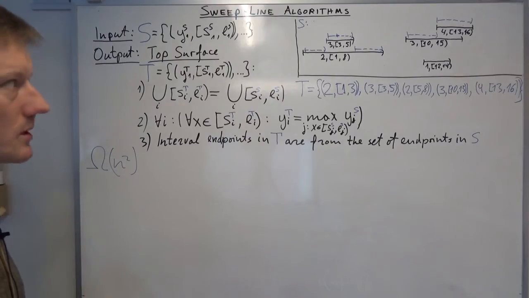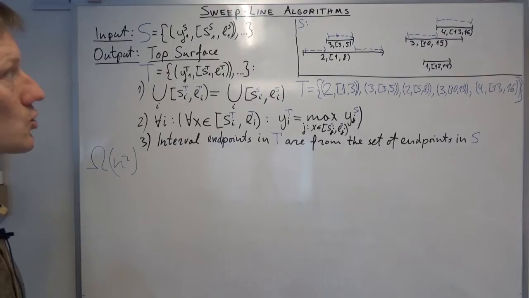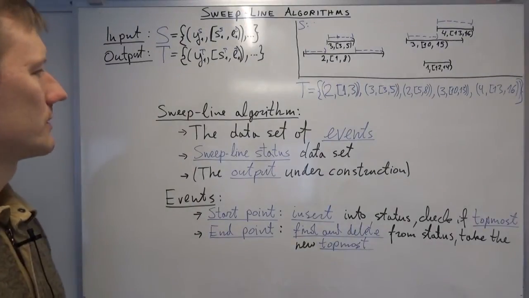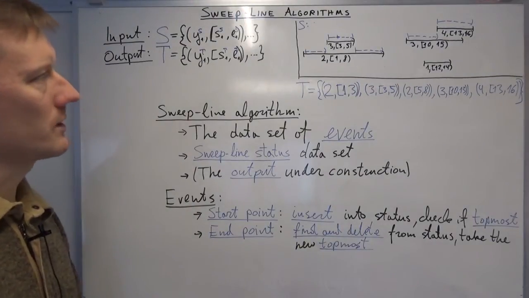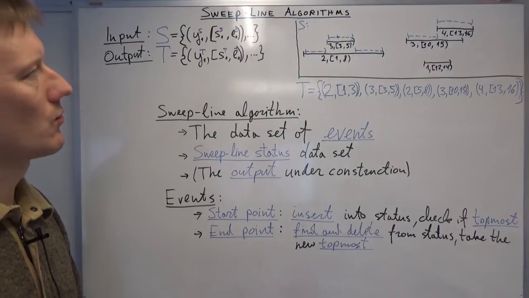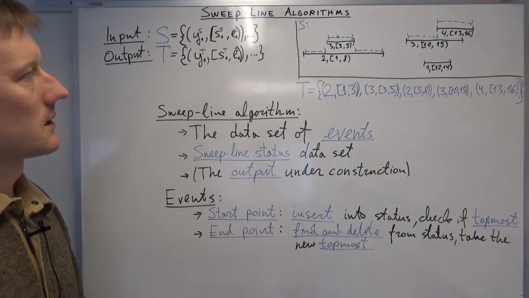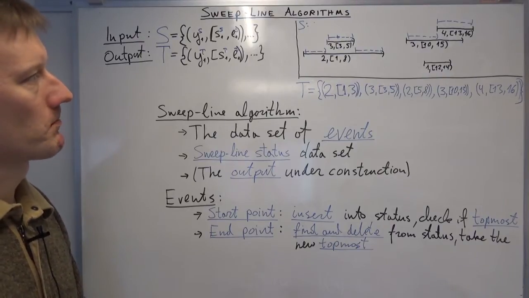So instead, we will try to devise a sweep line algorithm. So let's look how we do that. To design any sweep line algorithm, one first has to decide how the line will sweep through the space.